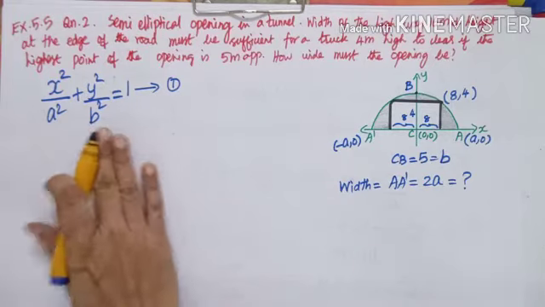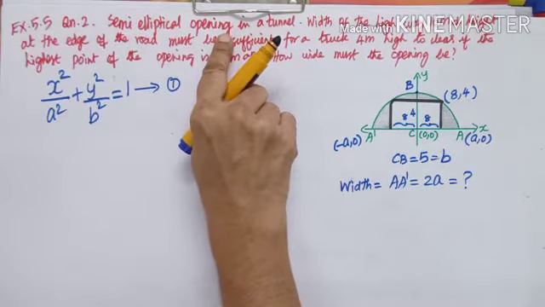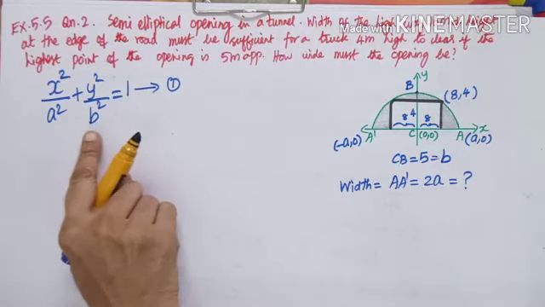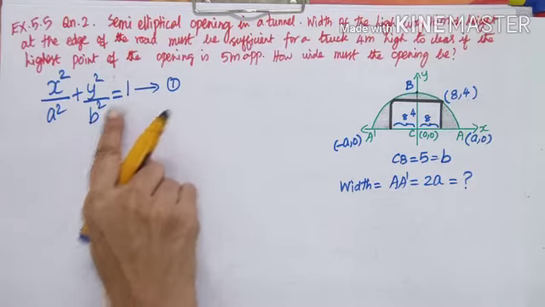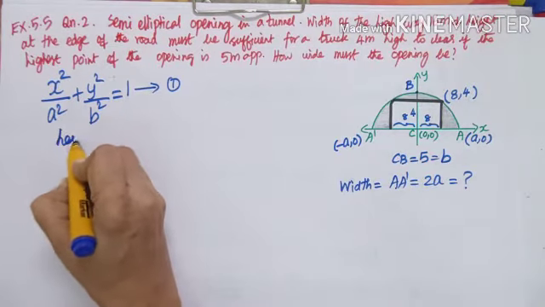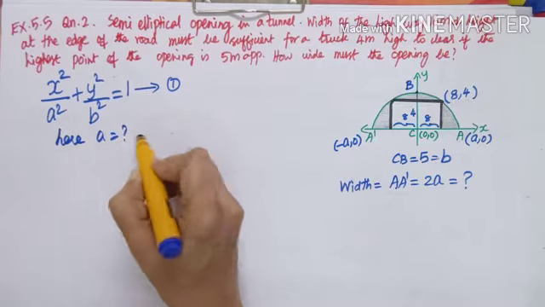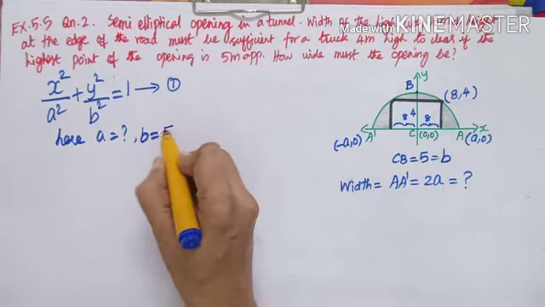What all we know, let us write down. Since it is a semi-elliptical opening, we have written the equation as x square by a square plus y square by b square equal to 1. Here, the a value we don't know, but the b value is 5.